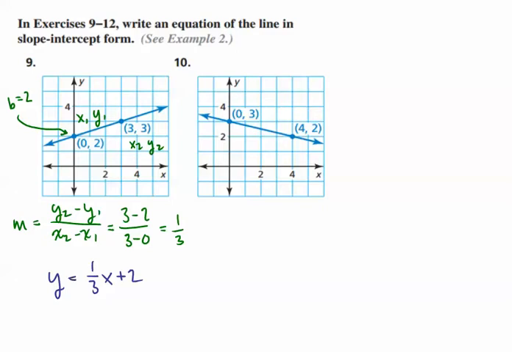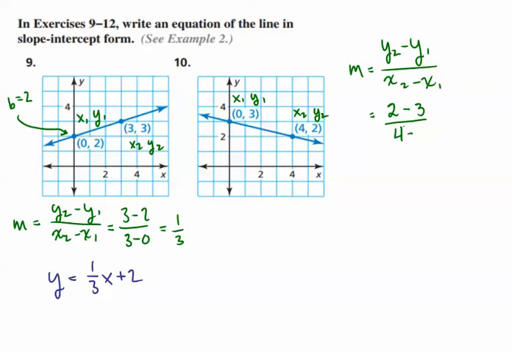Number 10. Label my points x1, y1, x2, y2, and m is equal to y2 minus y1 over x2 minus x1. y2 is 2 minus y1 is 3 over x2 is 4 minus x1 is 0, and this time we're going to get a slope of negative 1/4.